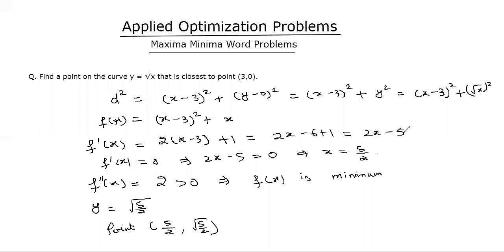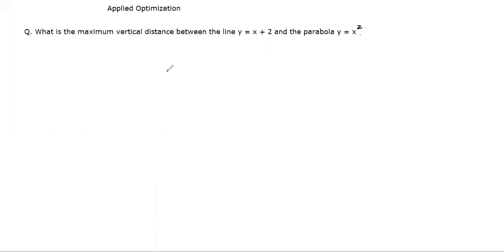Let's discuss another problem. What is the minimum vertical distance between the line y equals x plus 2 and the parabola y equals x squared? We can assume the vertical distance is d. The vertical distance is the distance between their y coordinates.